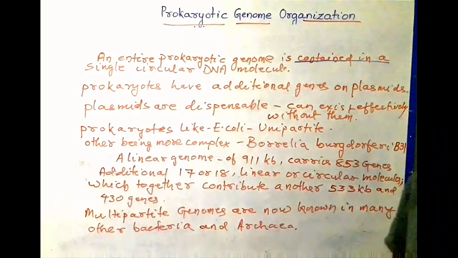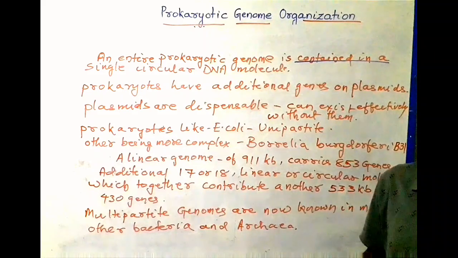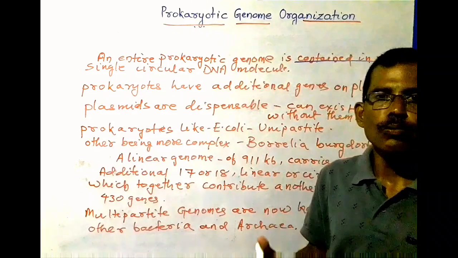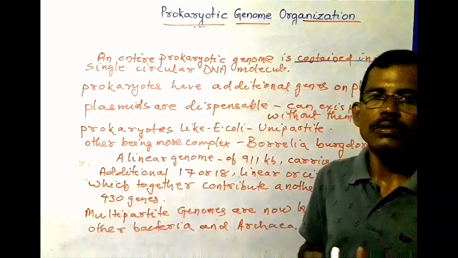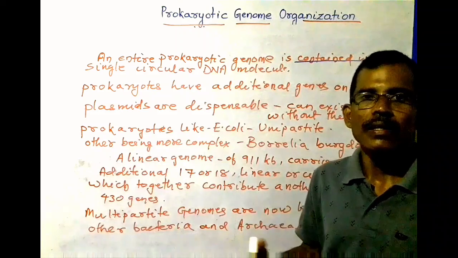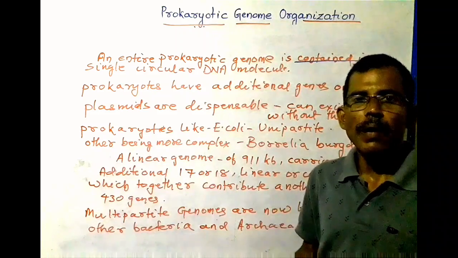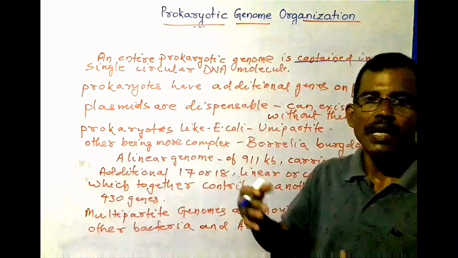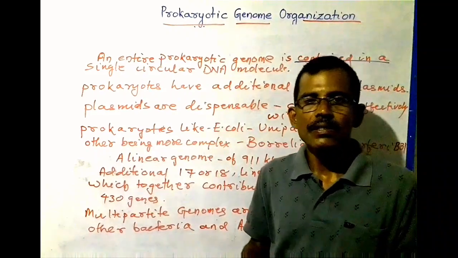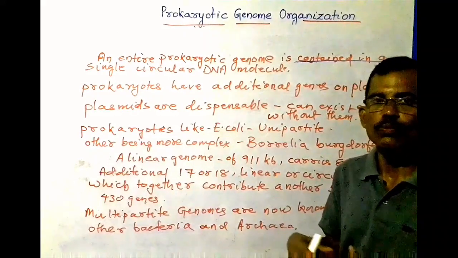Prokaryotes have additional genes on plasmids. Plasmids are extrachromosomal DNA molecules that are capable of replicating independently. Some of the plasmids can also integrate into the bacterial genome. Such a plasmid is known as an episome.